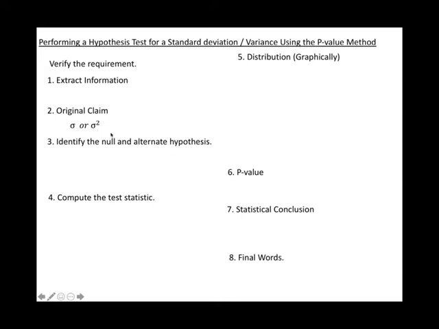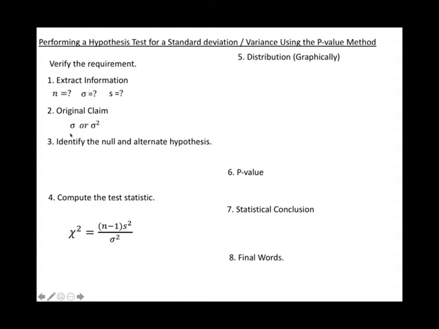After that, find the test statistic formula. For extracting information, you need to find the sample size n, the population standard deviation, and the sample standard deviation. The population standard deviation should be the same value as in your original claim.